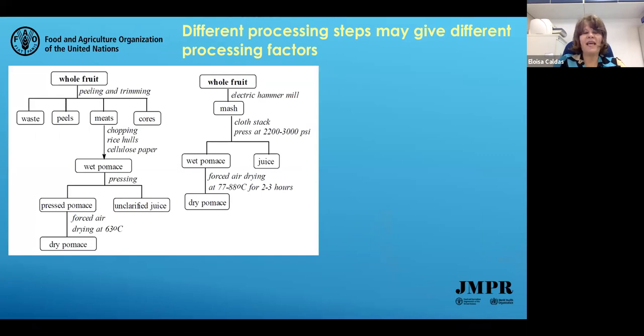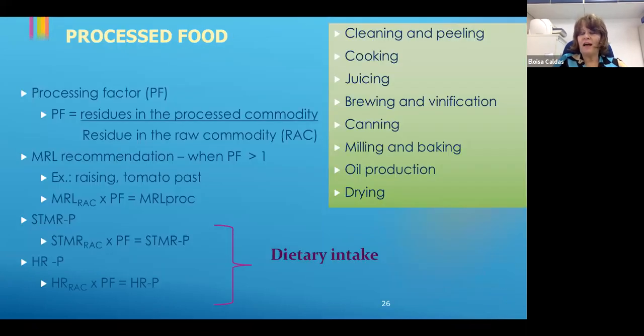And what happened is that there was a large variety of processing factors when we washed the passion fruit, when we peeled the passion fruit and analyzed just the pulp, and when we dried the peel of the passion fruit.